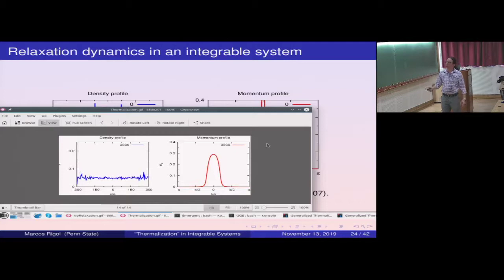It doesn't move, and I don't remember how many atoms are in here, maybe of the order of 40 or something like that. So that's incredible, right? You get unitary dynamics, an integrable model, and still these two things equilibrate. So the density becomes homogeneous, the momentum becomes this thing, which we don't know what it is, and we're going to see what it is.